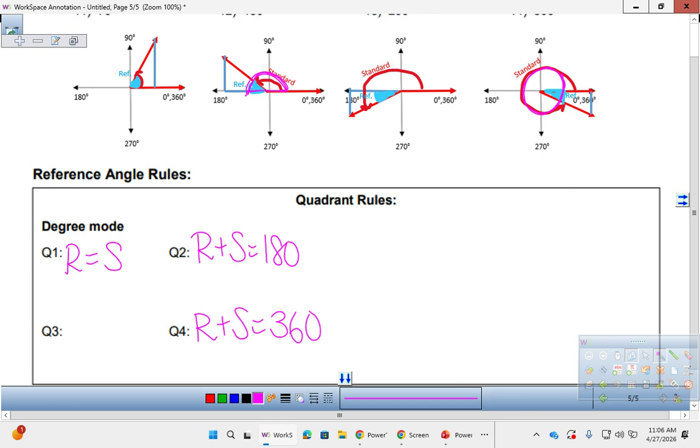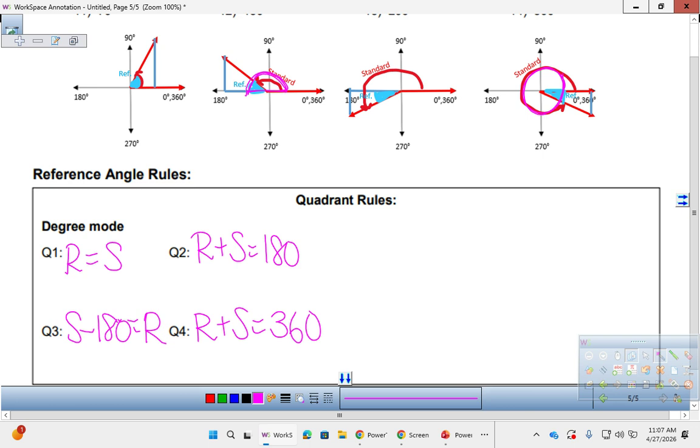All right, so in quadrant 3, I'm going to take my standard angle, which is my red angle. That's the big angle. And I'm going to subtract the half circle. The big red angle minus the half circle will give me the blue angle, which is my reference angle.